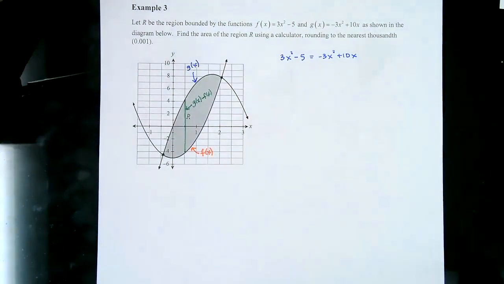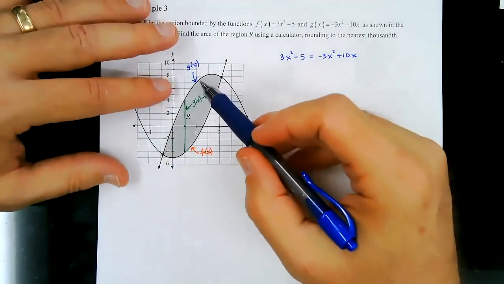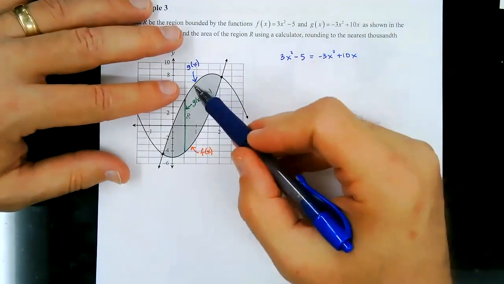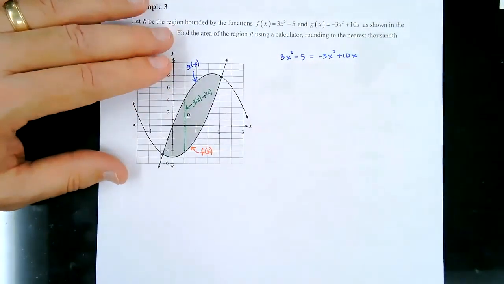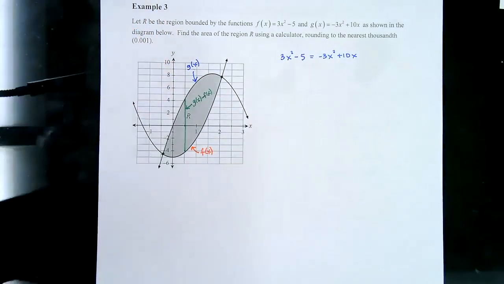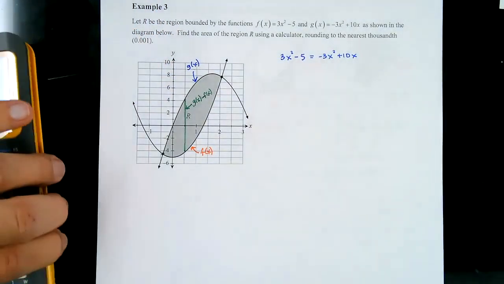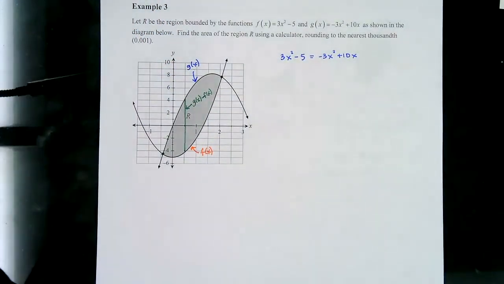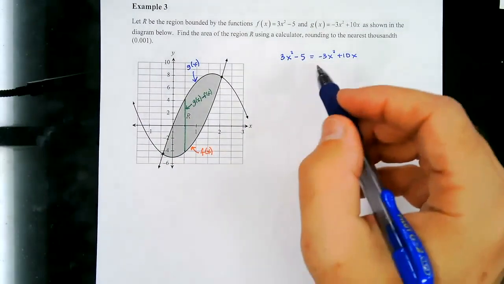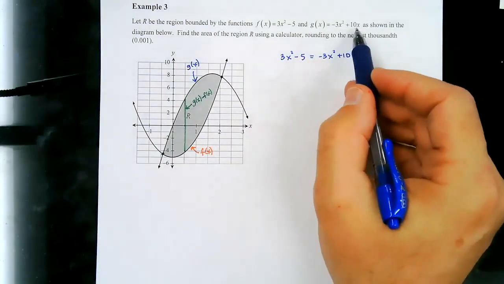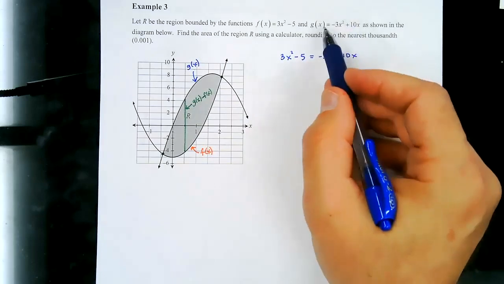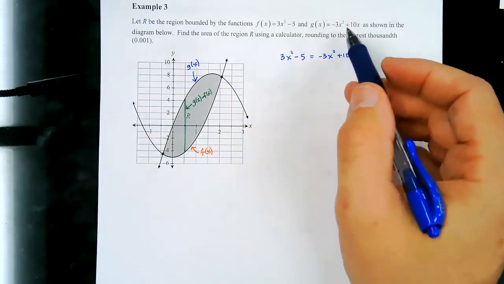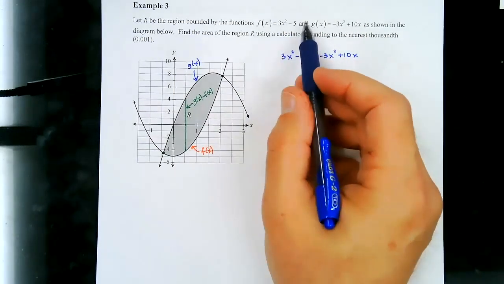Okay, how do we solve this? I'm going to let y1 be g of x because that's my top curve. That will help me keep y1 on top, okay? So I'm going to go to my graphing calculator and enter negative 3x squared plus 10x for y1, and then I'm going to enter this one for y2.